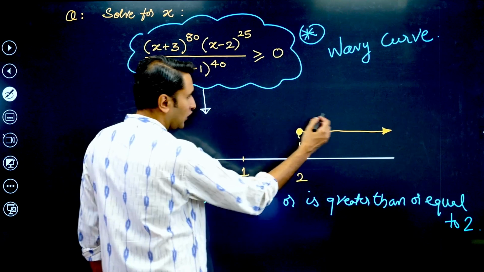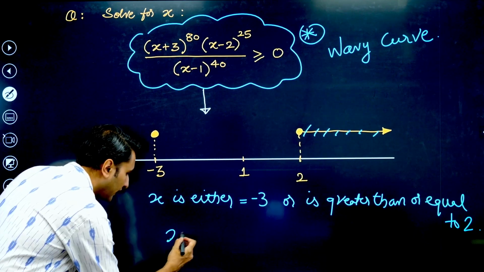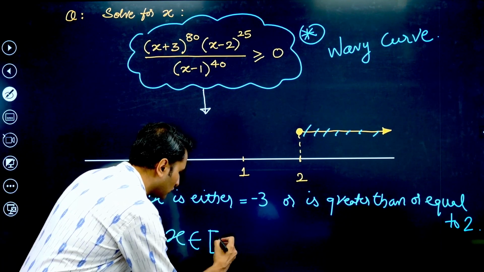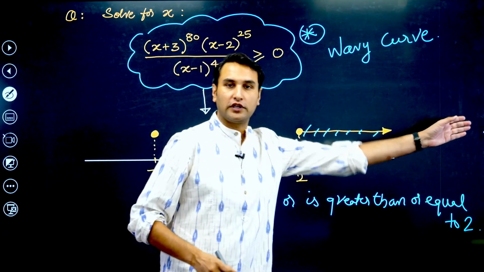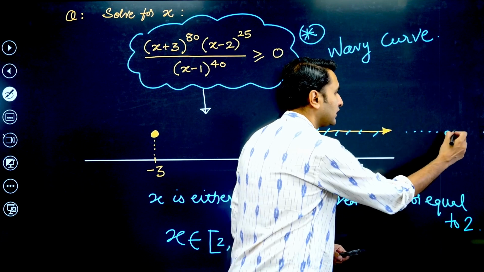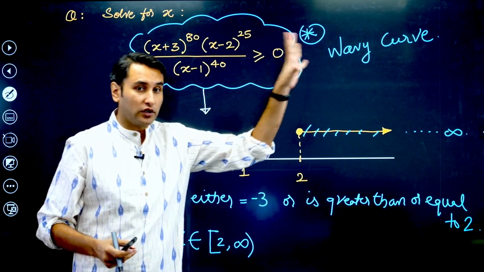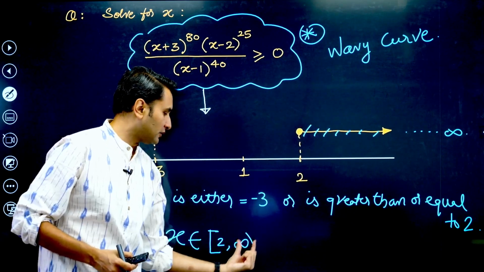So how will we represent this portion? This portion, you will represent as x belongs to closed at 2 till infinity, keep on going, keep on going till infinity, right? But remember, infinity is something that you cannot describe, you cannot hold on to. So on infinity always comes what?